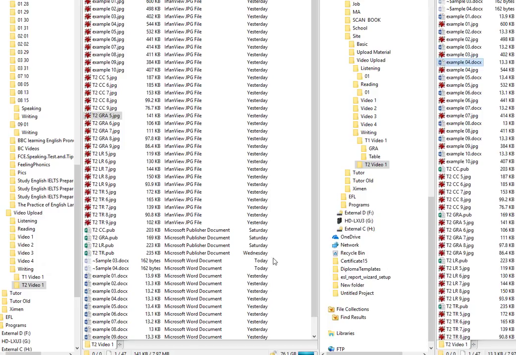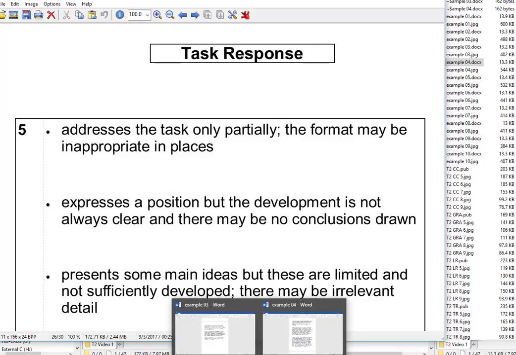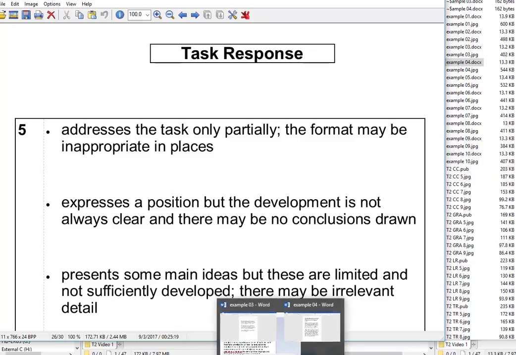So we're going to have to look at expresses the position, but the development is not always clear. There may be no conclusions drawn. Addresses the task only partially. I didn't even include a 4 on this. Let's see here.